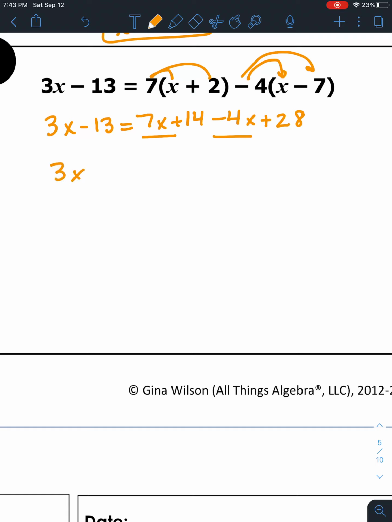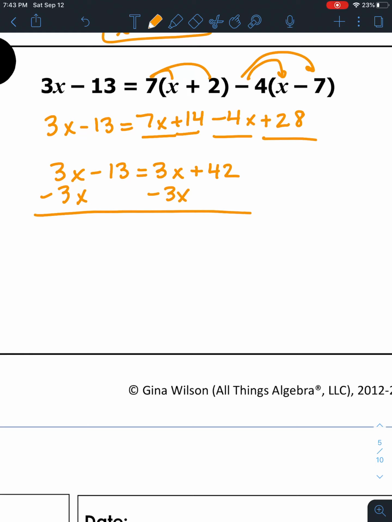So I'm keeping 3x minus 13 equals 7 minus 4 is 3x. 14 plus 28 is going to be 42. Because I have 3x on both sides, I'm going to minus 3x. That gives me negative 13 equals 42.